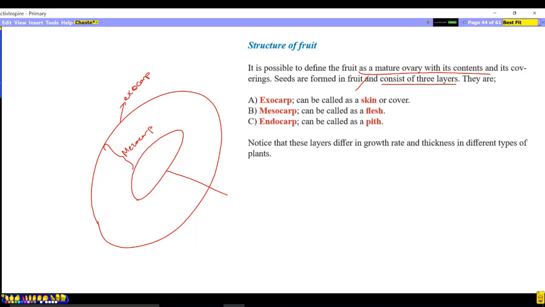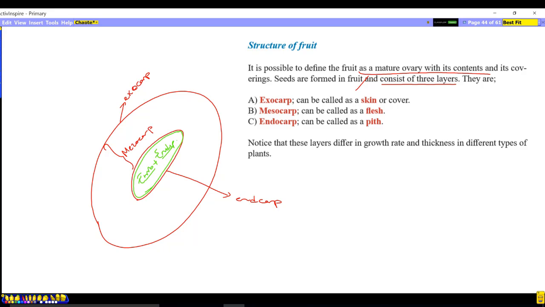The endocarp is a thin, tough membrane, or we call it pith. They are all parts of the fruit, but not the seed. The seed located within has what? Seed coat, in addition to endocarp, also contains embryo and endosperm, because we said a mature seed is made up of 3 parts, which are seed coat, embryo, and endosperm.